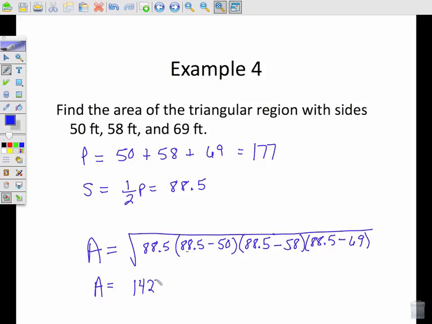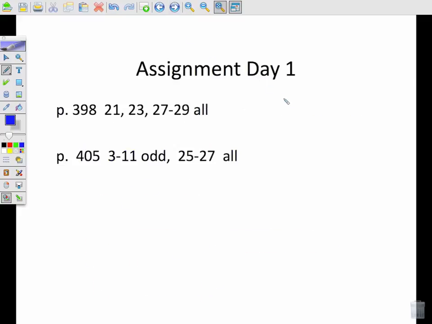All underneath the square root. If you go ahead and calculate that, you would get 1,423.54, and we're in feet, so square feet. So this is just another way to find the area of a non-right triangle.